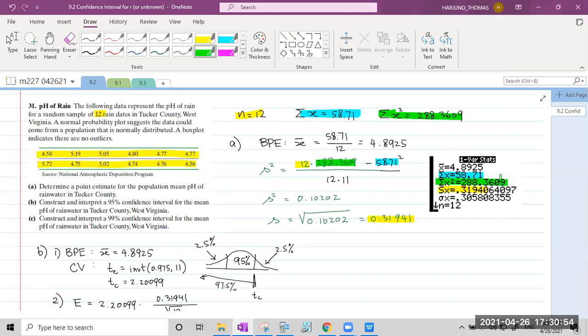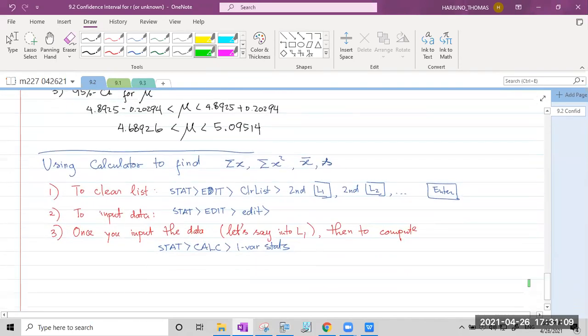Okay, there were even times I said in my test, use your calculator feature to find sample mean and sample standard deviation. If that's the case, you basically do this using your calculator. Okay, one var stats, and for the list, you use L1.